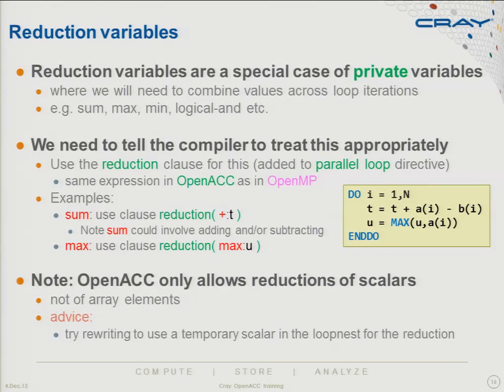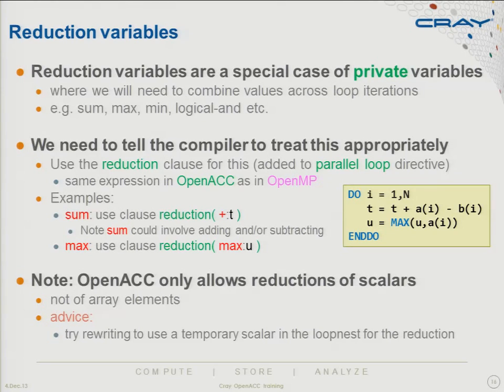In this example here, T is summing up some values from an array, and U is taking the maximum of some values from an array. So if I want to put this onto the GPU and parallelize it, I need to make sure that it treats T not just as a private scalar, but also as a reduction variable.